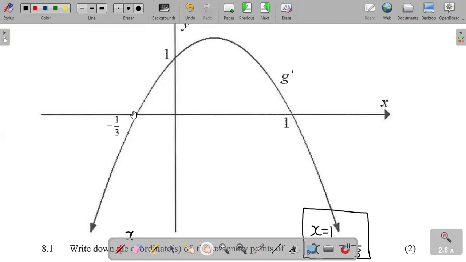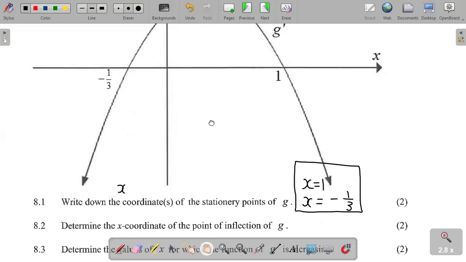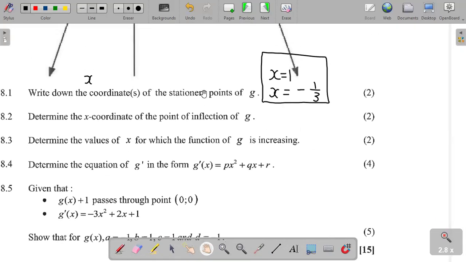So we have to say this plus that, and then we divide by 2. So it's going to be negative 1 over 3 plus 1, and then we divide by 2. And then we get the answer here, which is going to be 1 over 3 equals x.